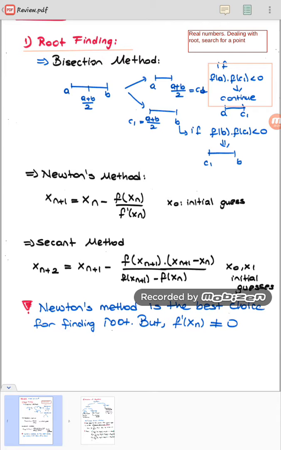You repeat this process until the tolerance is met and the root is obtained.